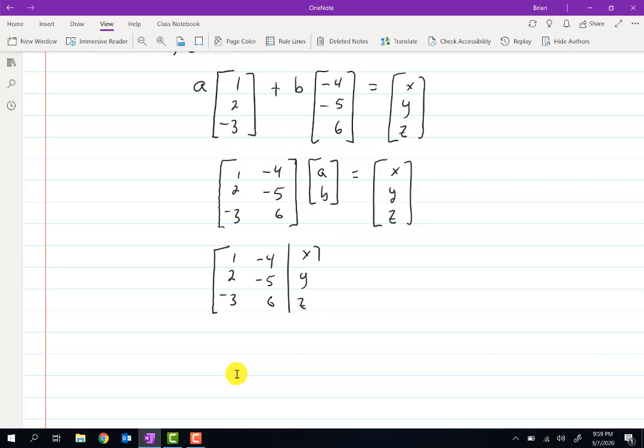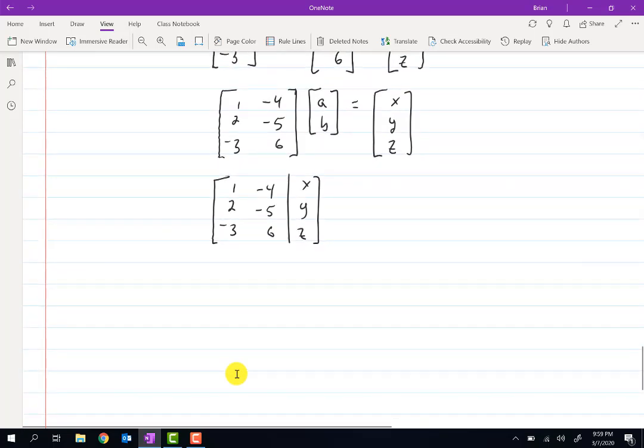And let's perform elementary row operations until it's clear one way or another if I'm going to have a solution for any x, y, z you can imagine, or if not.